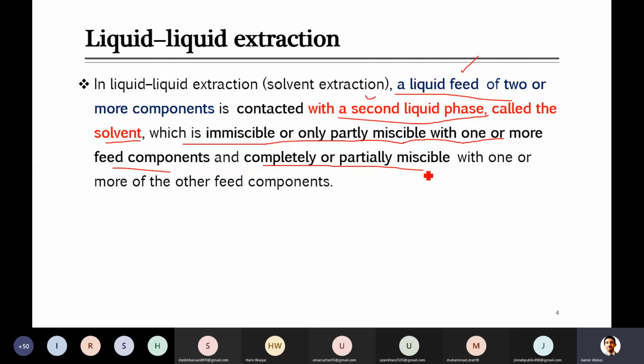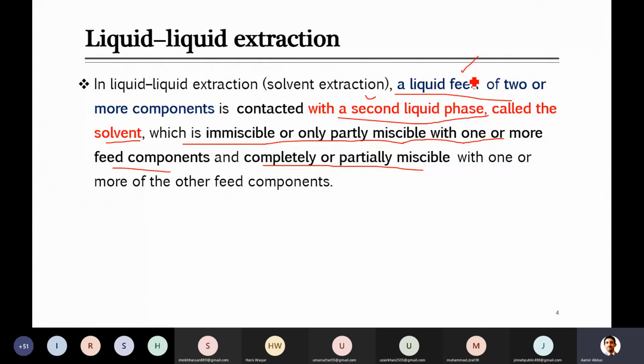So what does all this mean? When you bring your feed in contact with another liquid, your feed initially consists of maybe more than one component. When you bring it in contact with another liquid, which we are calling a solvent, that solvent will have different affinities with various components of the feed.